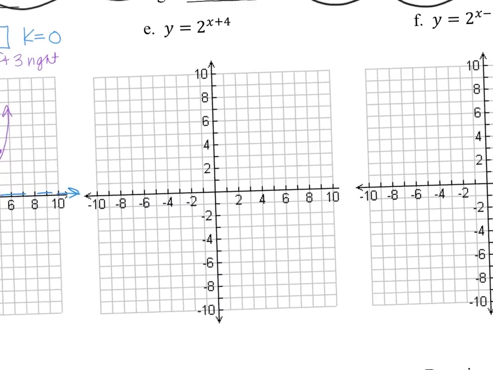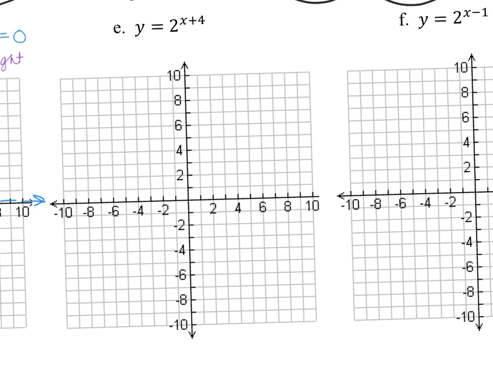Let's look at letter E. I don't see a k, so my horizontal asymptote is 0 again. But how am I shifting this time? Well, I have a +4, so that means I'm going to the left 4. So let's go to the left 4. And because of where my horizontal asymptote is, I'm going to go above 1.